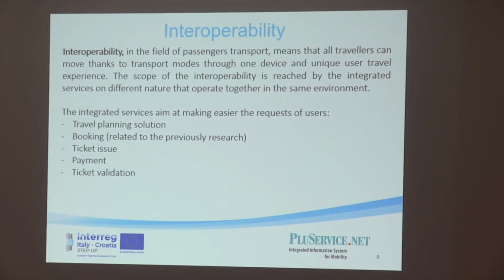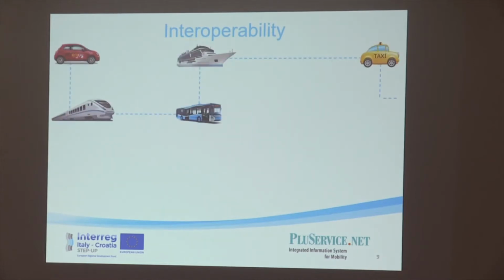When I talk about integrated services, I mean travel planning solution, booking, ticket issuing, payment, and ticket validation. If we consider the previous example, for each of these modes of transport, a user has to search for information in different systems and has to buy tickets on different platforms for different transport providers.